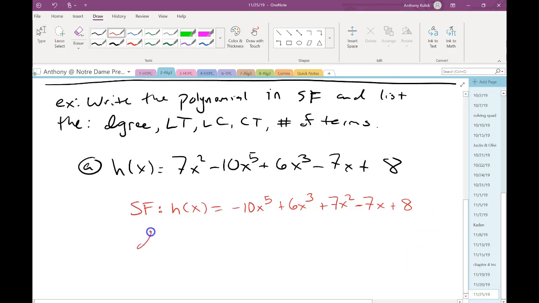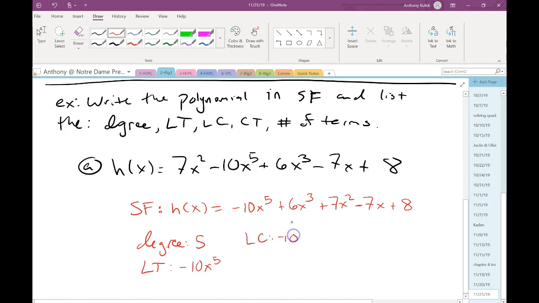What's the degree for this polynomial? 5. Why is it 5? It's the biggest exponent. Good. What's the leading term? Negative 10x to the fifth is the leading term. What's the leading coefficient?